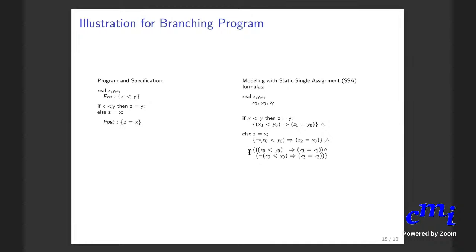Yeah. So I want to define, I'm using the logical variable Z1 to denote whatever the value of Z is at this point, if you took the then part. You agree, no? Yeah. Now here I want Z3.